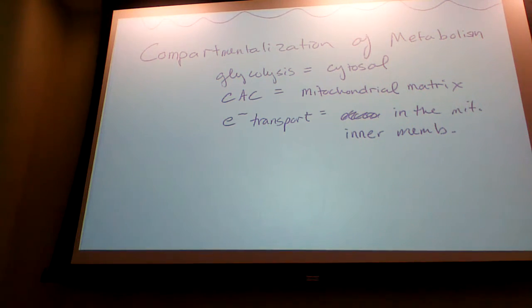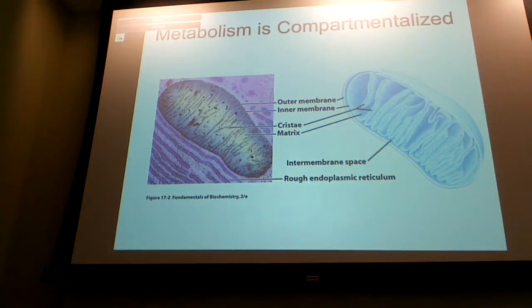Alright, so we've got our picture of a mitochondria. So two membranes. There's an outer membrane and an inner membrane. So cytosol out here, in between the two membranes is the intermembrane space, and then inside the inner membrane is the matrix.